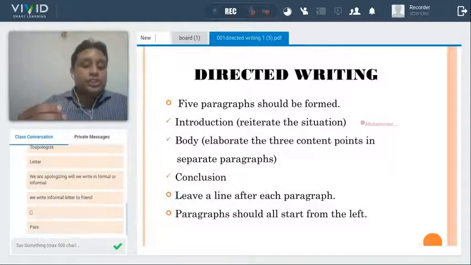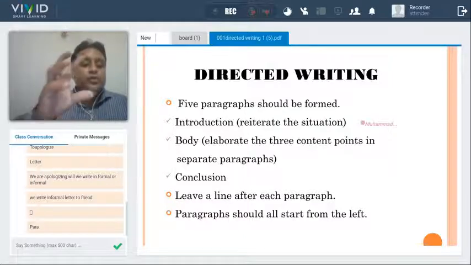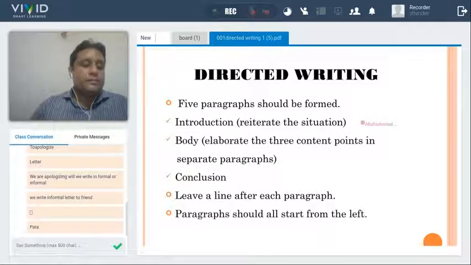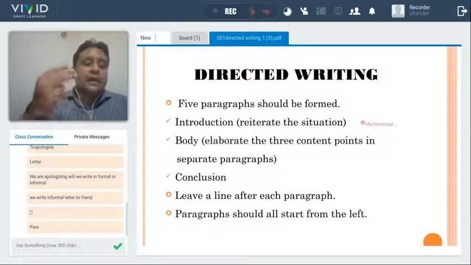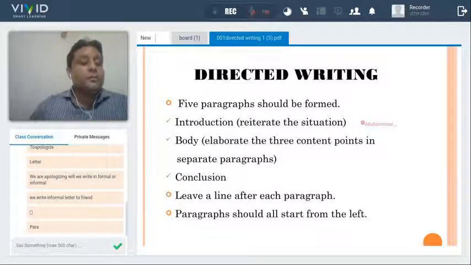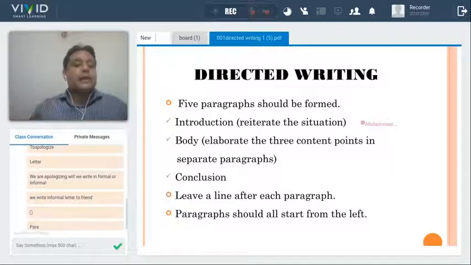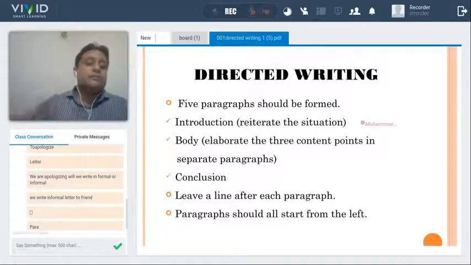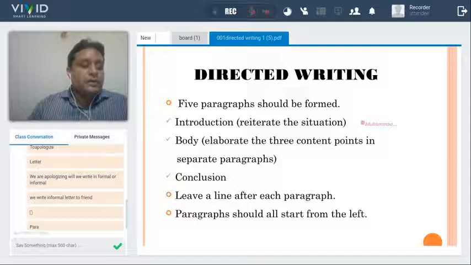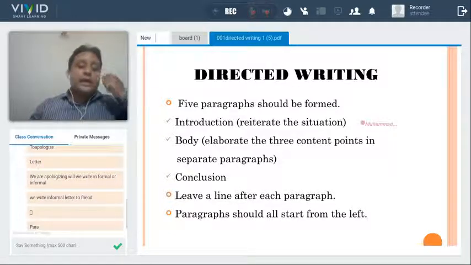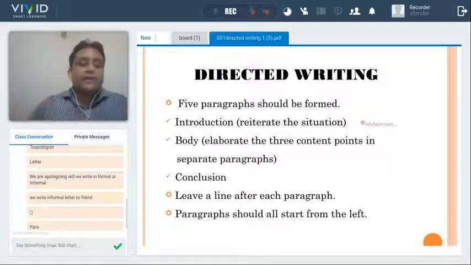You will use logic, reason to develop those content points into detail. So three paragraphs will be there for the body after the introduction. Elaborate the three content points in separate paragraphs. That is the body. Then comes the conclusion. The conclusion is actually the fifth paragraph.